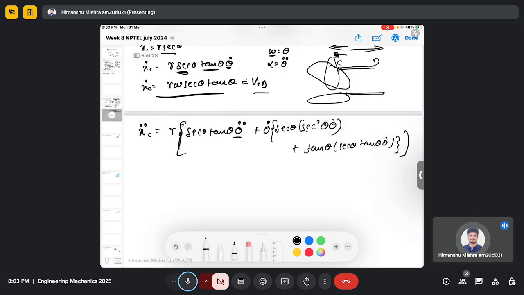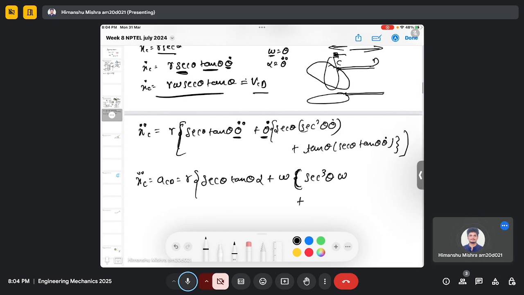So this theta double dot is the angular acceleration and theta dot is the angular velocity. So my x double dot, which is the acceleration of CD, will be sec theta tan theta alpha plus omega, this will be sec cube theta omega plus sec theta tan square theta omega.